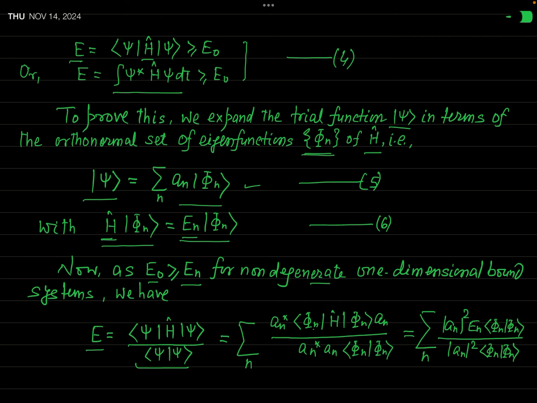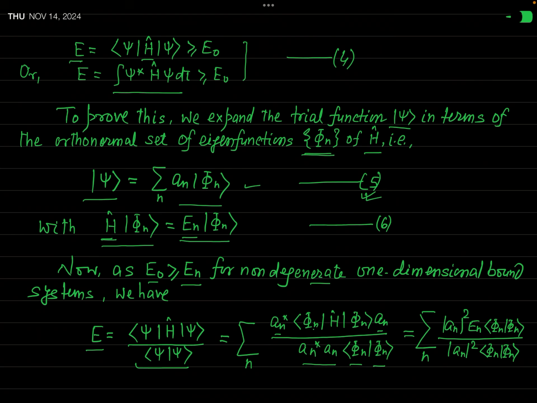Again, the scalar product of psi with psi, on the basis of equation 5, will be An star times An times the scalar product of phi n with phi n. Now An star times An will be the square of the modulus of An.